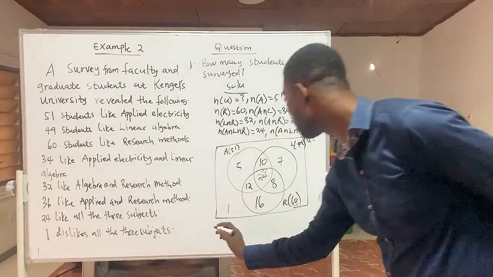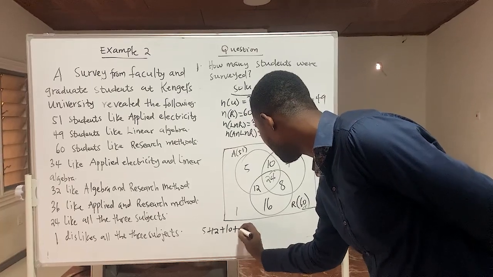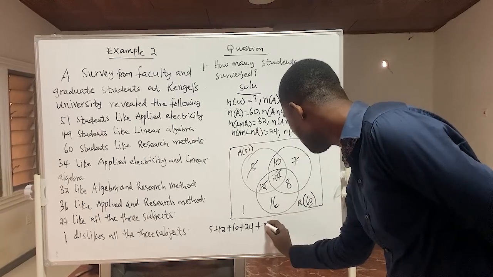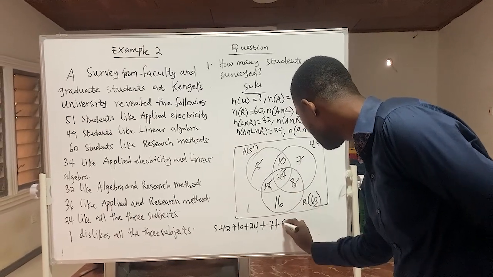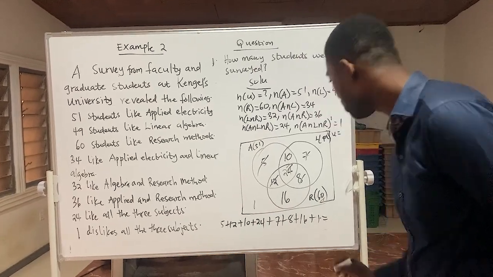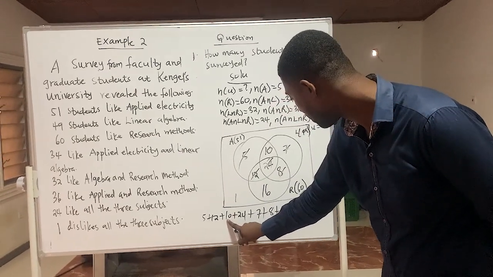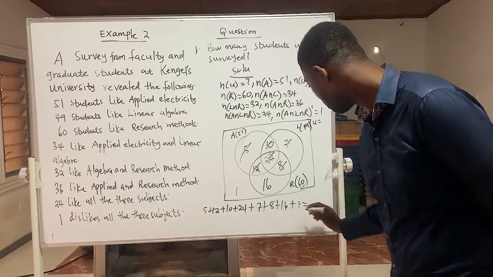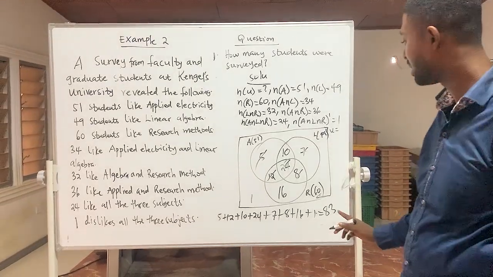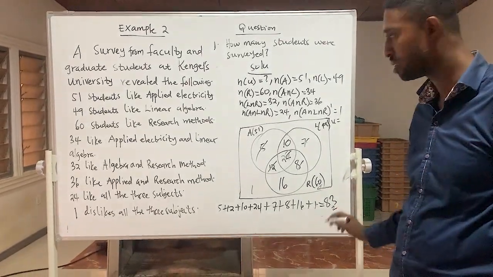So to get that, you are going to have 5 plus 12 plus 10 plus 24 plus 7 plus 8 plus 16 plus 1, which is, so this plus this 17, 27, which will equal 83. So what it means is that 83 students were surveyed from Cambridge University.